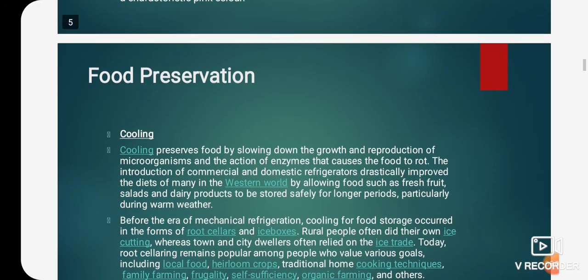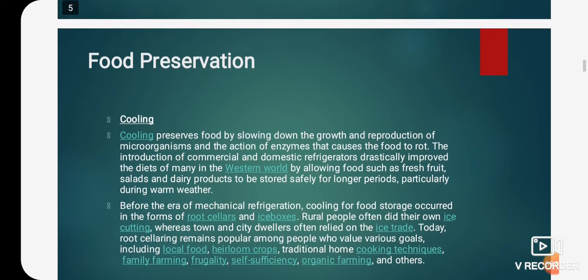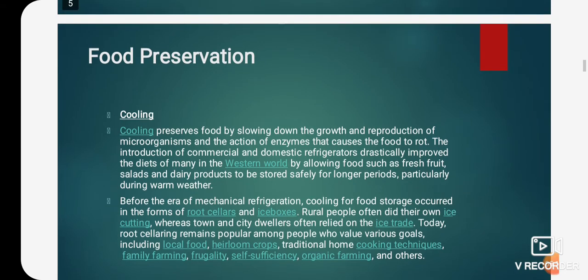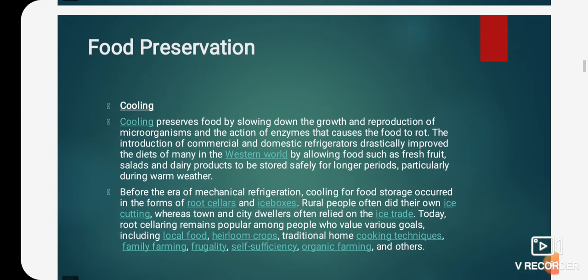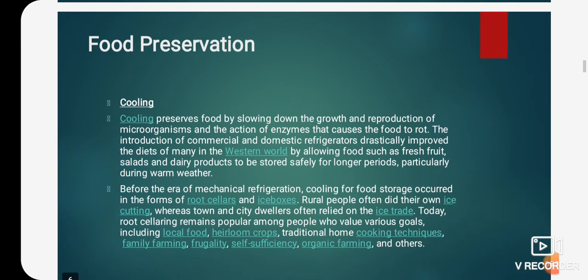Before the era of mechanical refrigeration, cooling for food storage occurred in the forms of root cellars and ice boxes. Rural people often did their own ice cutting, whereas town and city dwellers often relied on the ice trade.